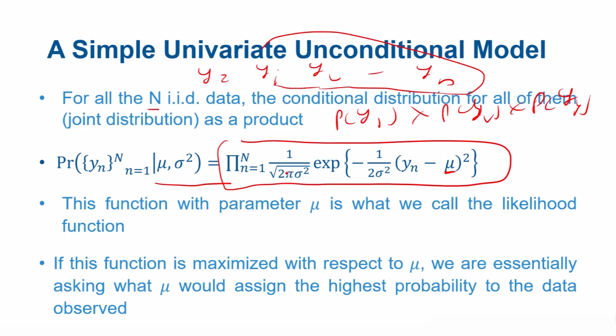Now, if we are trying to maximize this function with respect to the parameter mu, we are essentially trying to ask what would be that value of mu that would assign the highest probability to the data that we observe. That means what would be the parameter mu that will result in the highest probability of the data that we actually observe, which makes sense.